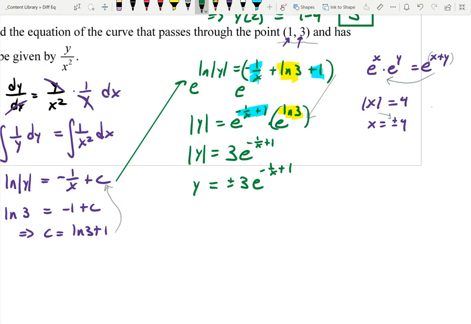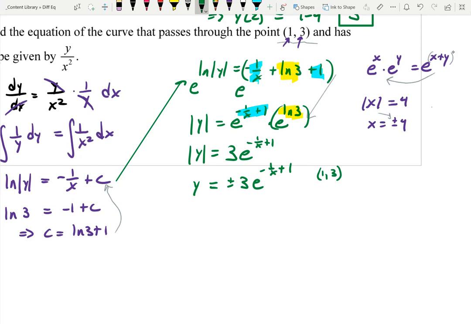Now, I need my y to be a function of x. Plus or minus is not a function because you get two different values for any one input. So whenever you have an absolute value or maybe a square root and you end up with a plus or minus in your y equals equation, you have to go back to the initial condition to figure out which one it is. So remember that when we plug 1 in for x, we need to get 3 for y.